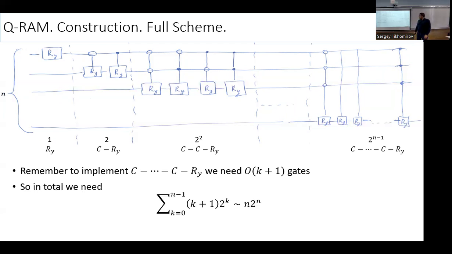Here we have one RY gate, here we have two controlled RY gates, then four controlled RY gates. So the total number of gates is of this order: this number of controlled RY operations, and each takes this time.